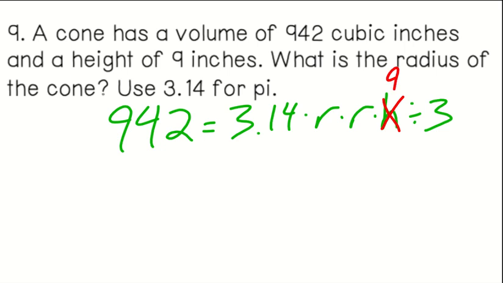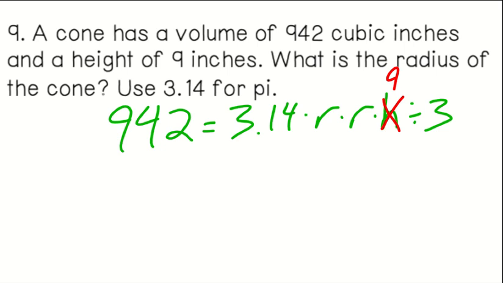We'll put 9 in for the height. I forgot to do that when I was writing it. We're going to do the opposite, okay? So when we're trying to solve for one of the variables, we start off by doing opposite. So we got 942. Opposite of dividing by 3 is multiplying by 3. So we go times 3. That gives you 2,826, right?